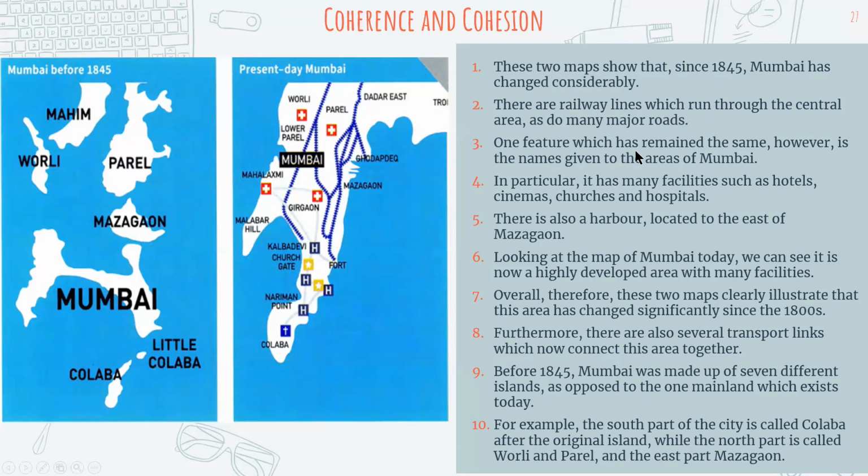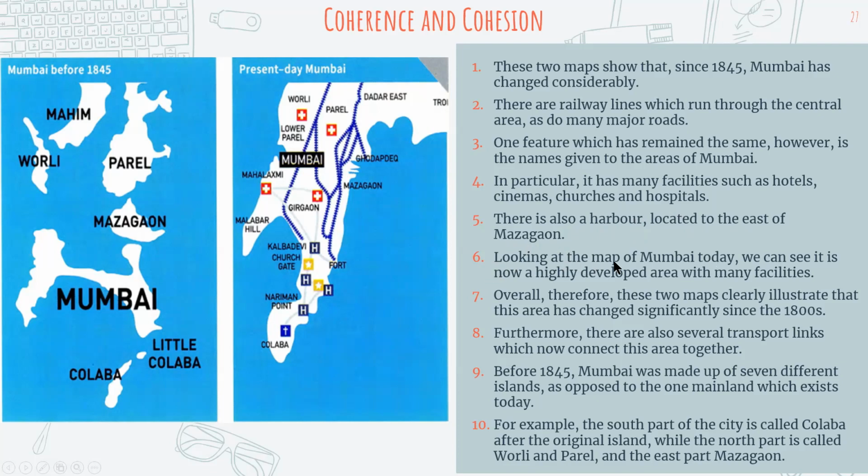One feature which has remained the same, however, is the name given to the areas of Mumbai. In particular, it has many facilities such as hotels, cinemas, churches, and hospitals. There is also a harbor located to the east of Mazagon.